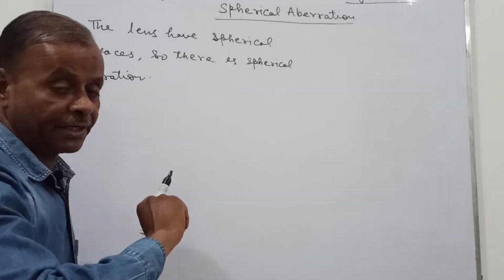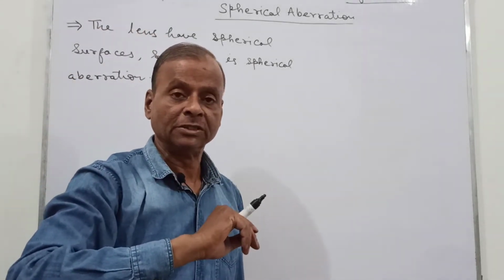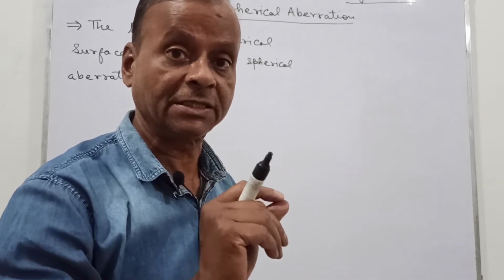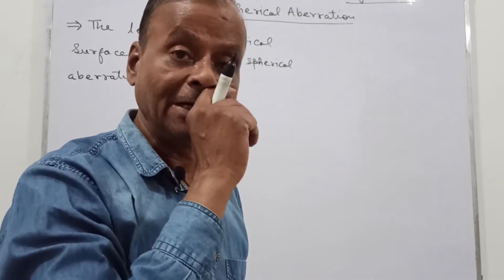When we say the spherical, it means that it has something. It has the diameter, radius, aperture. So what is that? The aperture is the diameter of the lens.